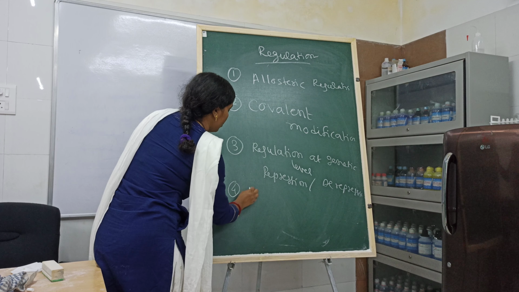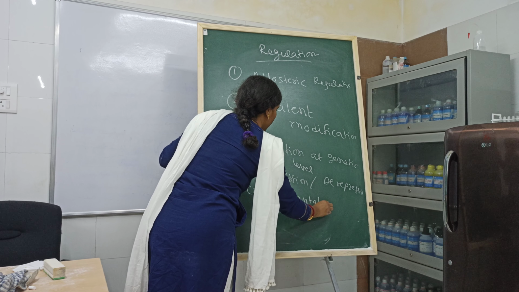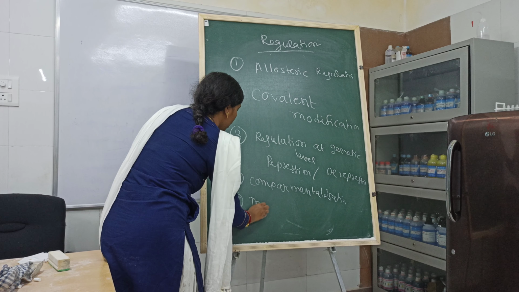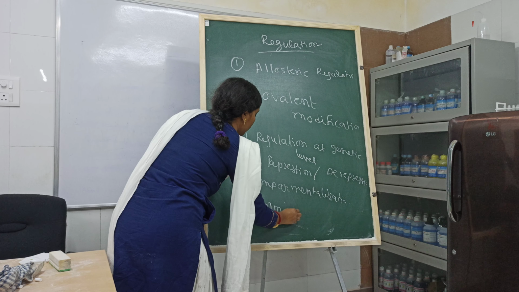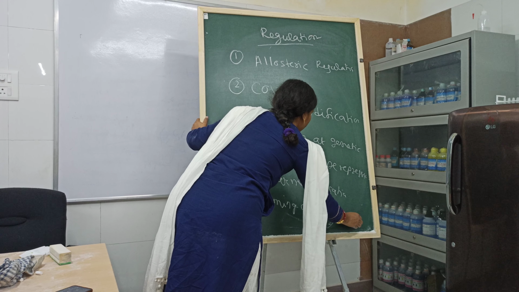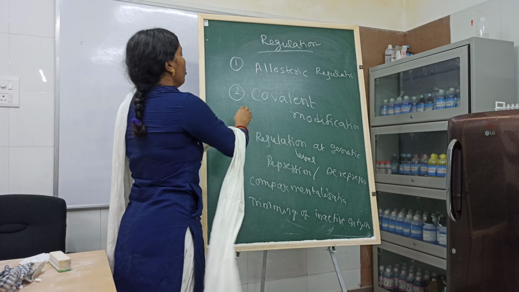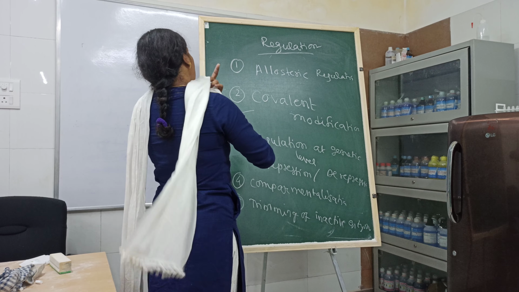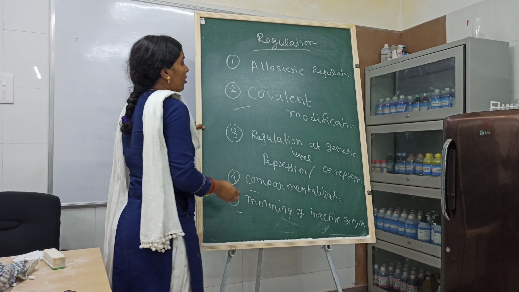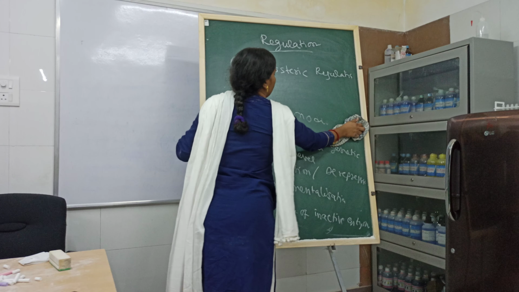Fourth is compartmentalization. And fifth is trimming of the inactive enzyme. By this way the enzyme function can be regulated: allosteric regulation, covalent modification, regulation at the genetic level, compartmentalization, and trimming of the inactive enzyme.